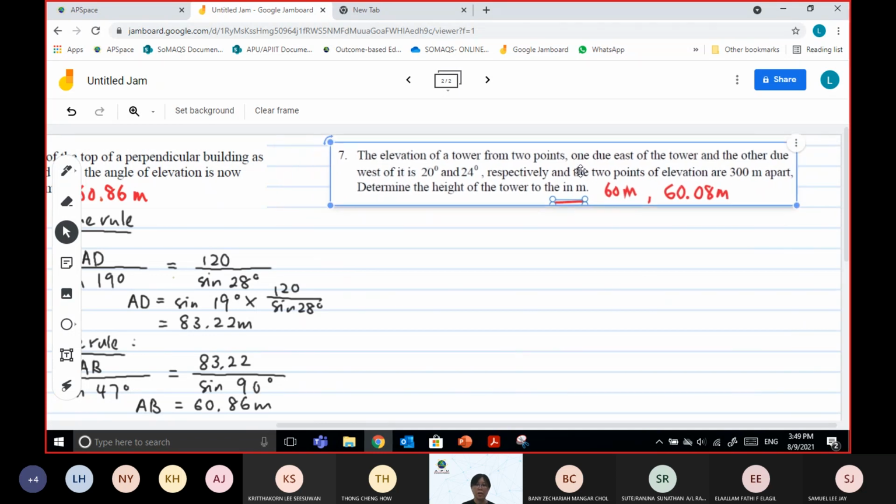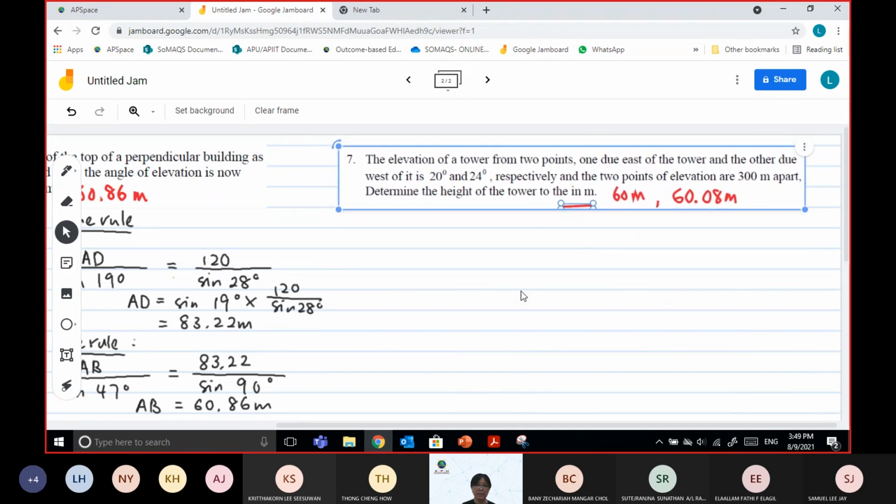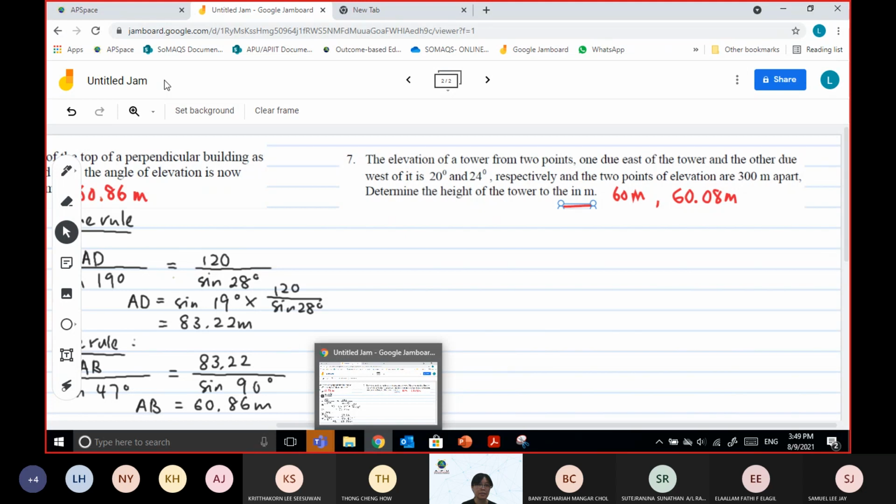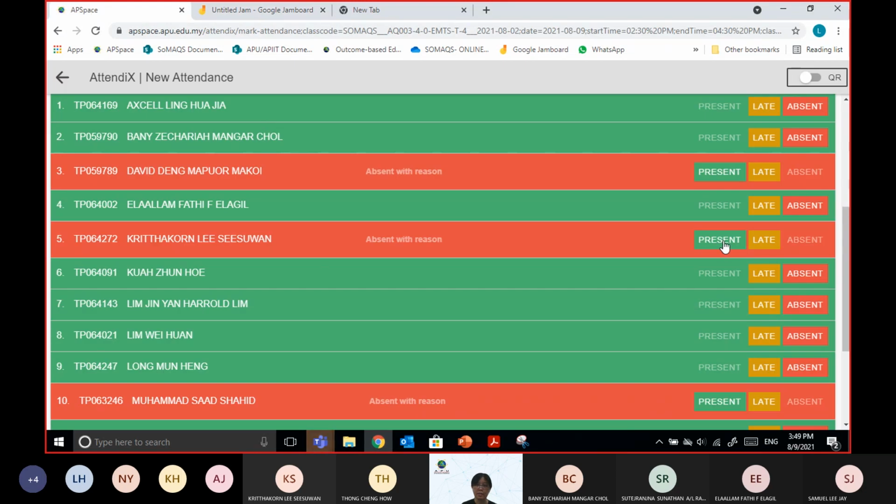Okay, so for question number 7, right? The elevation of a tower from 2 points. Okay, Kritakon just came back. Okay, I take your attendance.